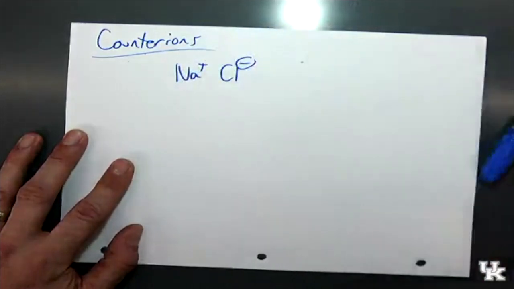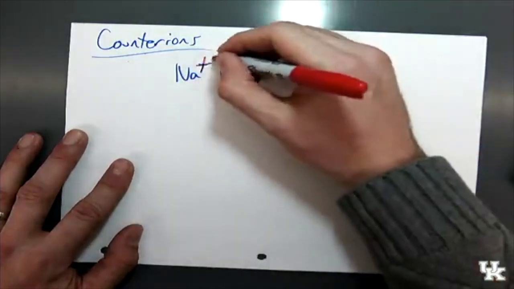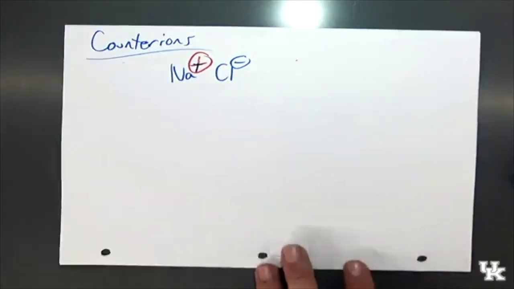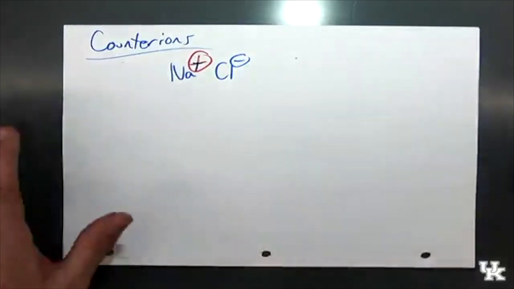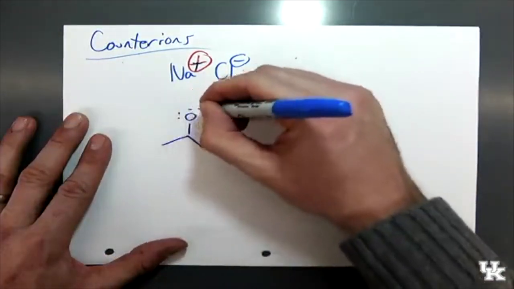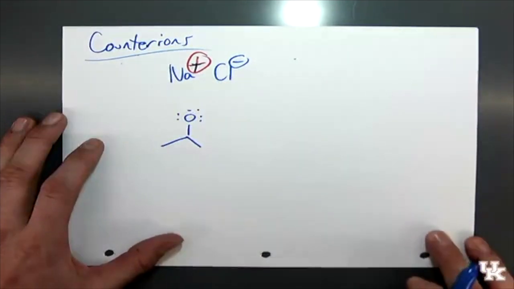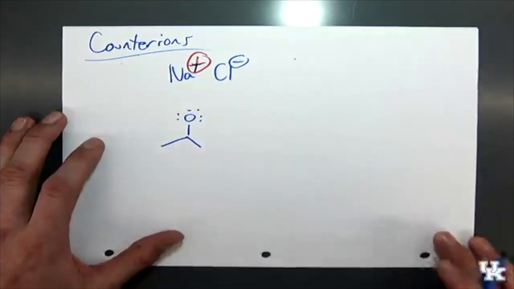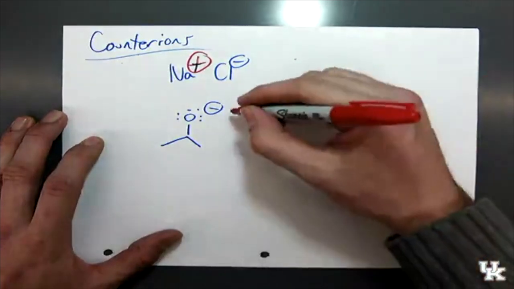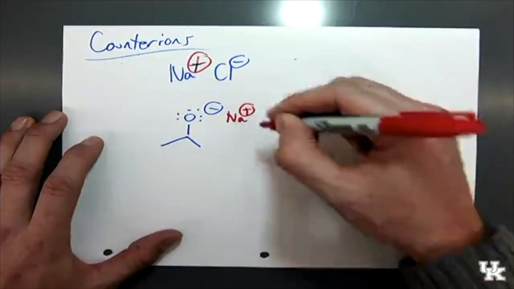Oh no, the plus is not red. There we go. The same way you see this ionic compound as salt, if we ever write something like a deprotonated isopropanol with a negative charge, it will always have some counterion.